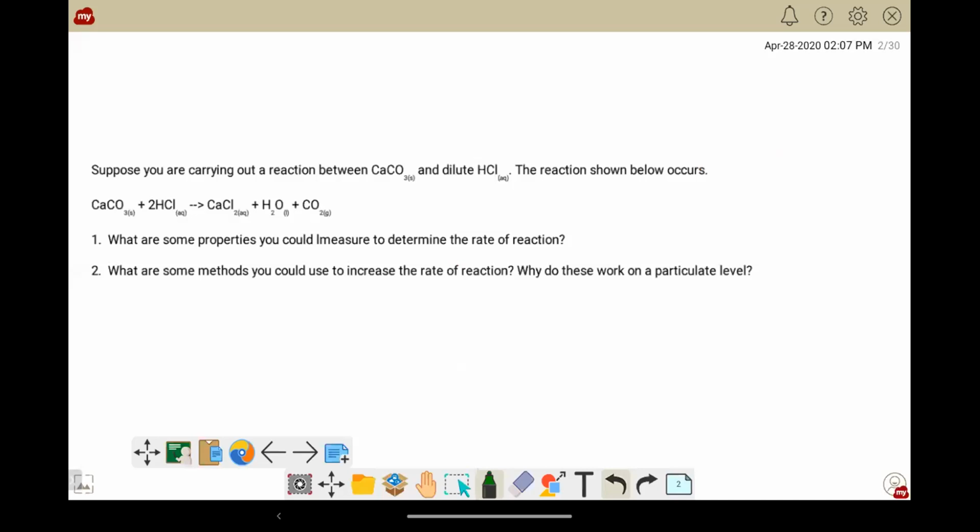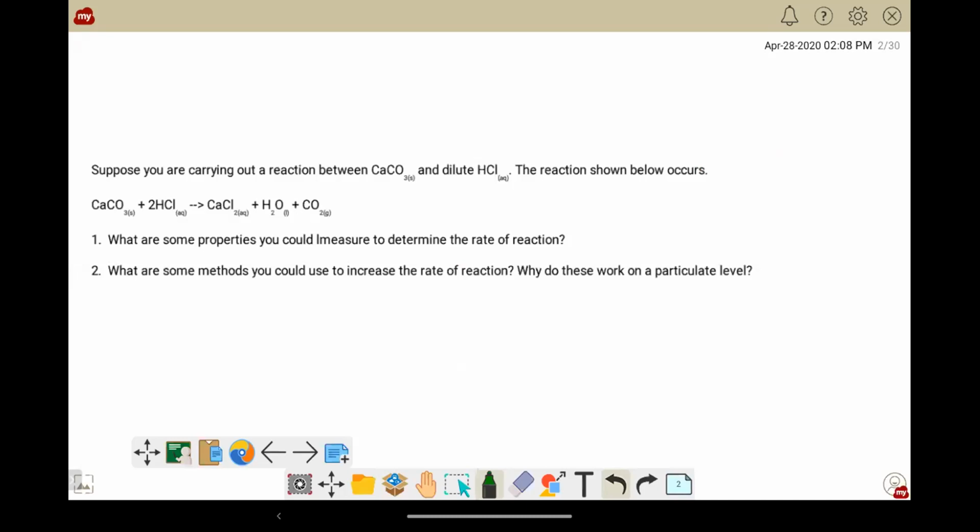So let's talk about, and I went through the list of learning objectives from the College Board's curriculum and just kind of went in order. So let's say we're carrying out a reaction between calcium carbonate and dilute hydrochloric acid, and here's the chemical reaction that takes place. That's not a net ionic equation, it's a molecular equation, so it shows everything that's involved.